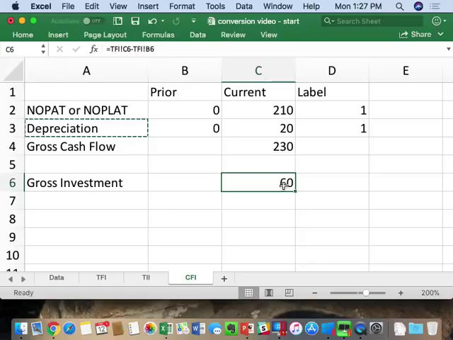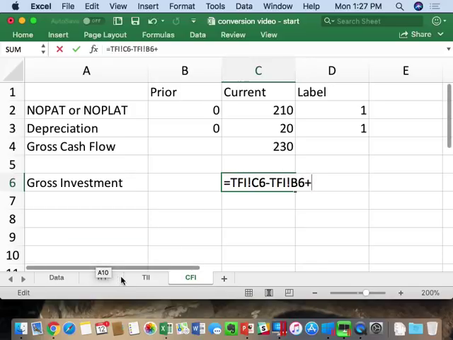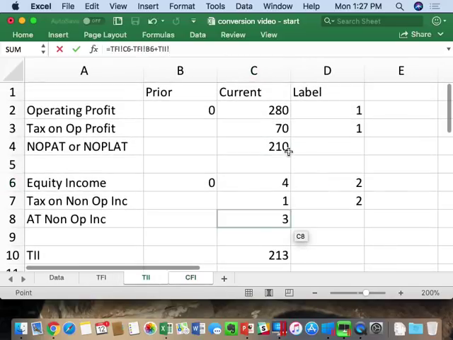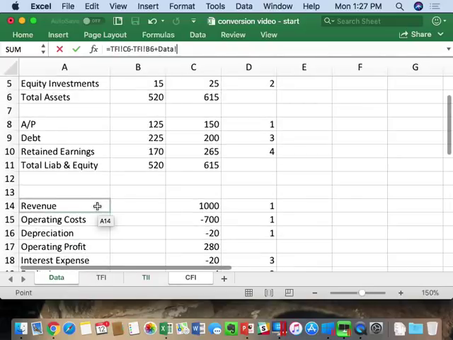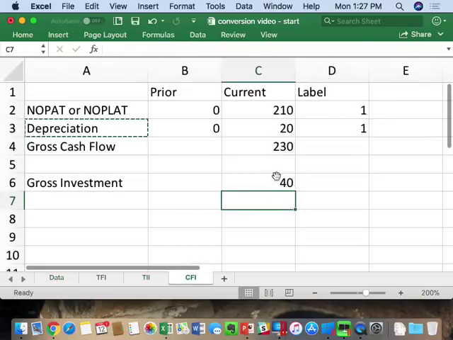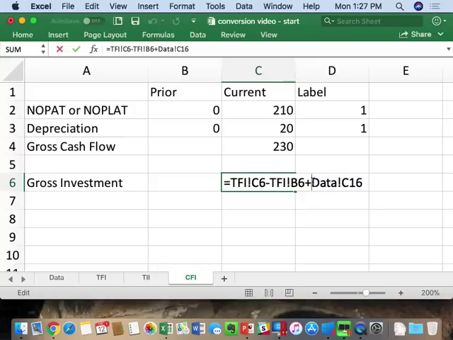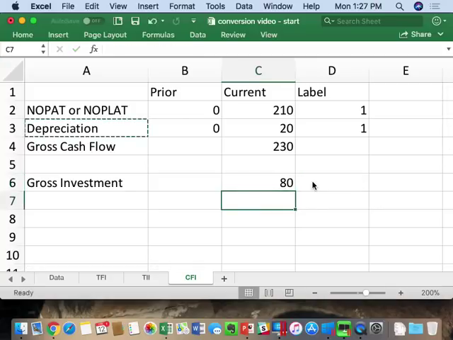That's our gross investment, except what we're then going to do is add in our depreciation. It's a negative number, so I need to double negative it to add it.